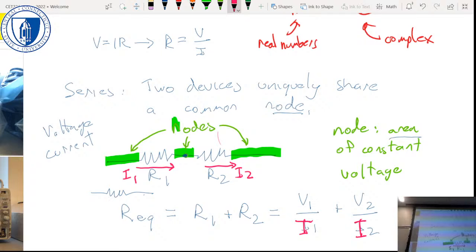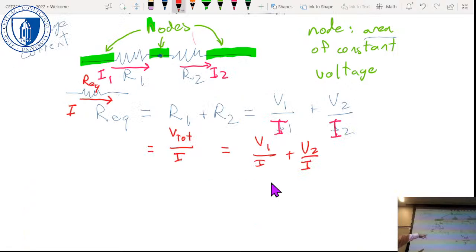Oops, let's just scroll it up a bit so we can read it. Right, so the V total across the single equivalent resistor divided by I is equal to V1 on I plus V2 on I. Or we can just cancel out all the I's and say V total is equal to V1 plus V2.